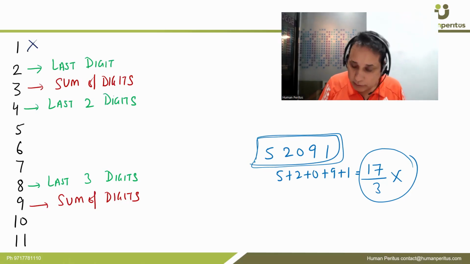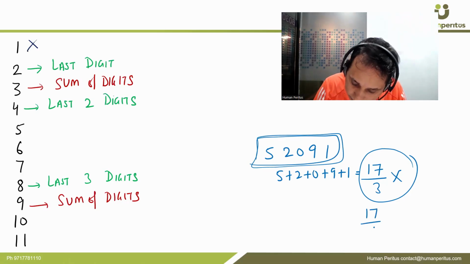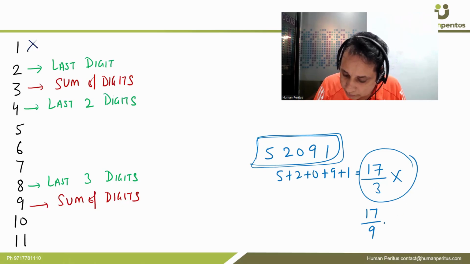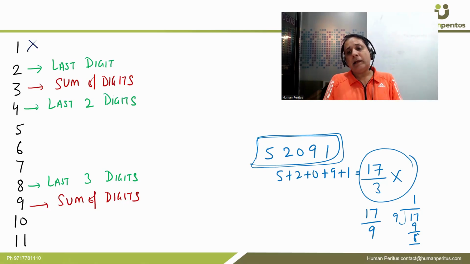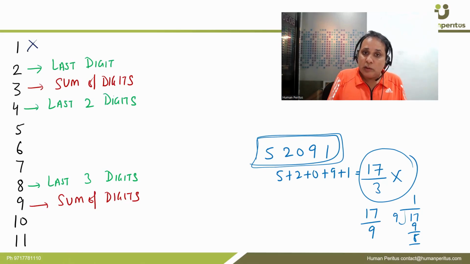Similarly, I want to check for 9. So 17, I try to divide by 9. Then again, it is not divisible because I'm getting a remainder of 8. Therefore, this number is also not divisible by 9.